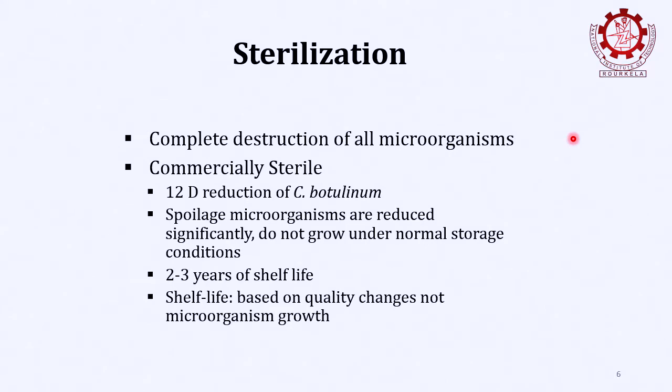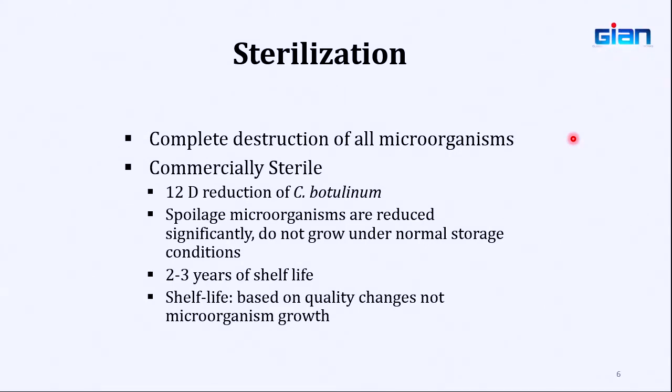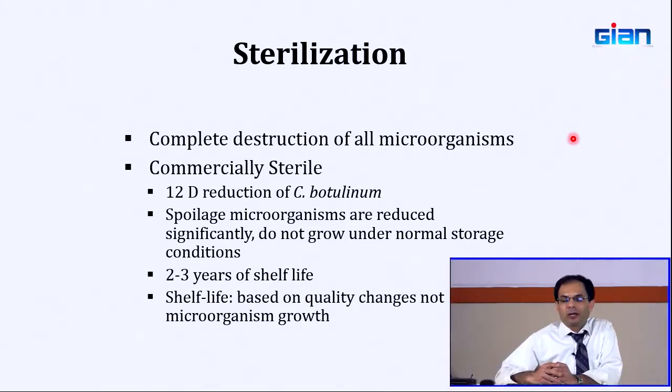In the case of sterilization, we completely destroy all microorganisms, but that's the book definition of sterilization, and usually we do not do that level of destruction. What we do is what we call commercial sterilization, or a commercially sterilized product, which is a 12D reduction based on C. botulinum.